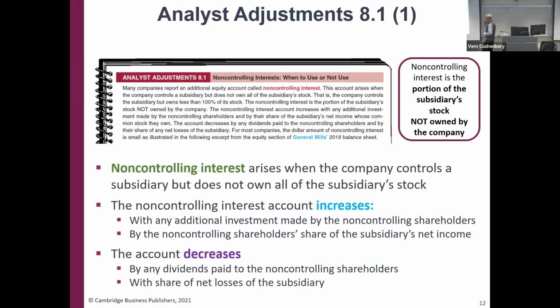This is a tricky one. Non-controlling interest. When you look at your income statement and balance sheet, I would speculate that most of you are going to see income attributable to non-controlling interest. That happens when you have conglomerates, companies that have been around for 50 years.